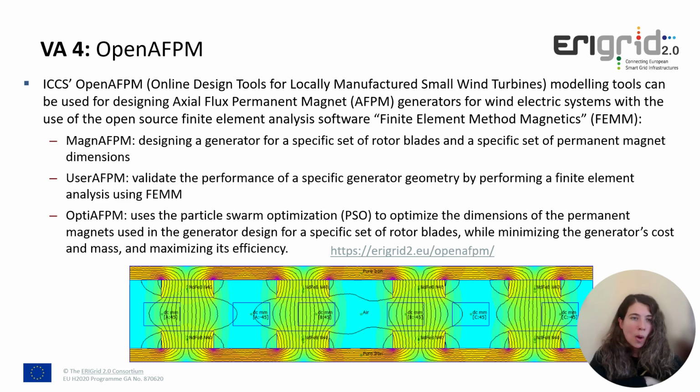And the last one, OptiAFPM, uses particle swarm optimization to optimize the dimension of the permanent magnets used in the generator design for a specific set of rotor blades while minimizing the generator's cost and mass and maximizing its efficiency. More information about this virtual access tool can be found in the link in this slide.